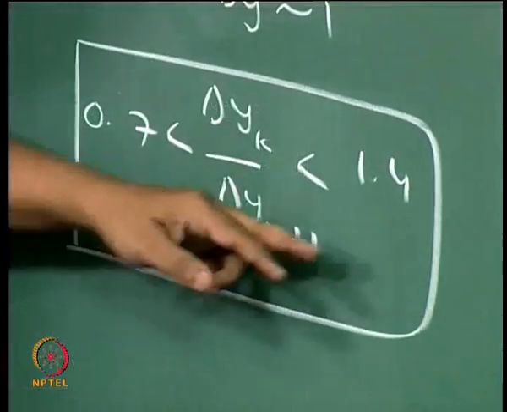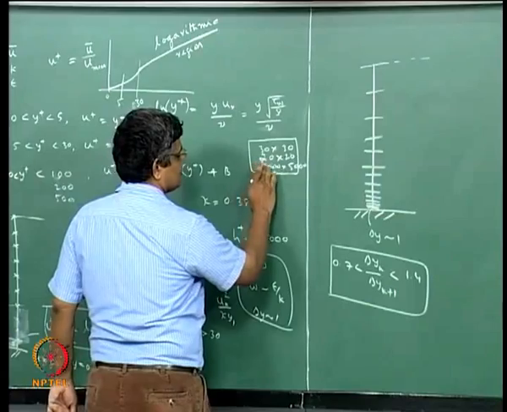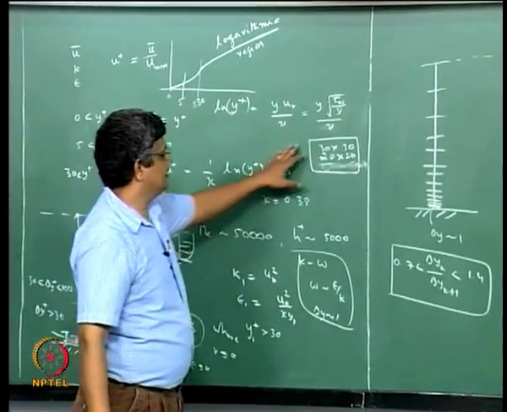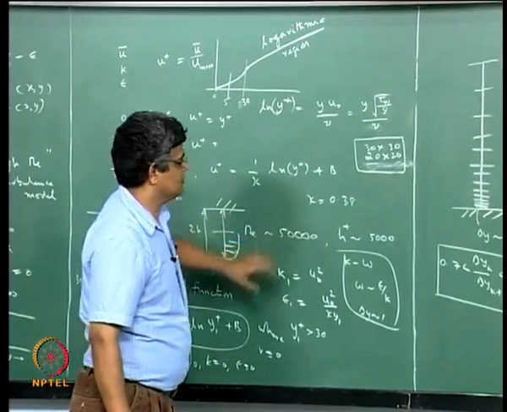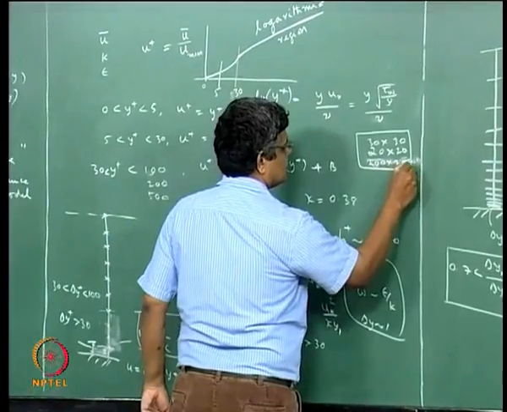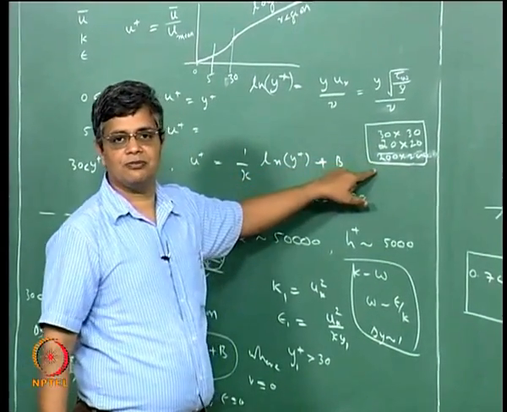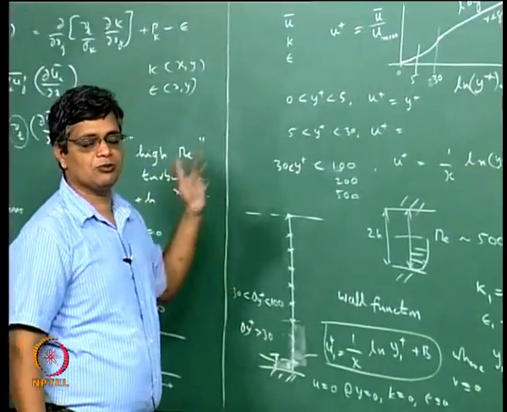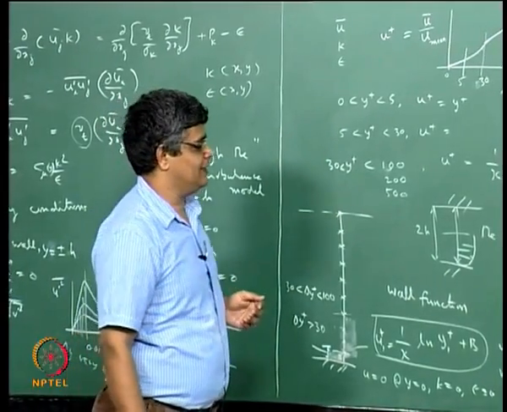Because of this, you may not have to use 5000 by 5000, but definitely the number of grid points to represent something like a square duct at a Reynolds number of 50,000 like this may increase up to 200 by 200, and that means it is a 100-fold increase in the number of grid points, and the computational time will also increase much more, maybe a factor of 100 square like that.